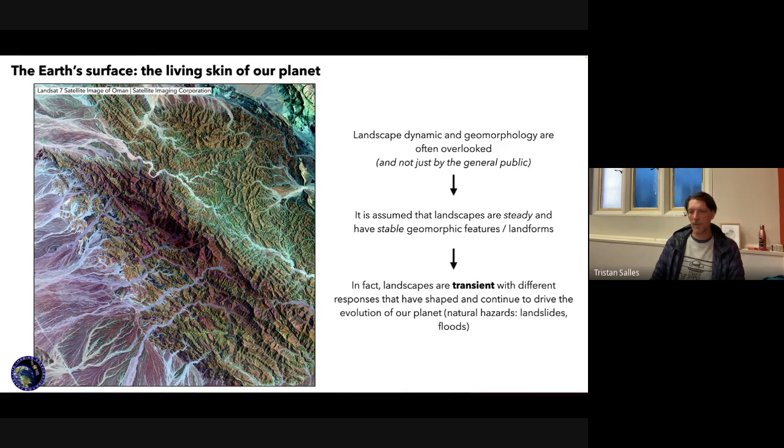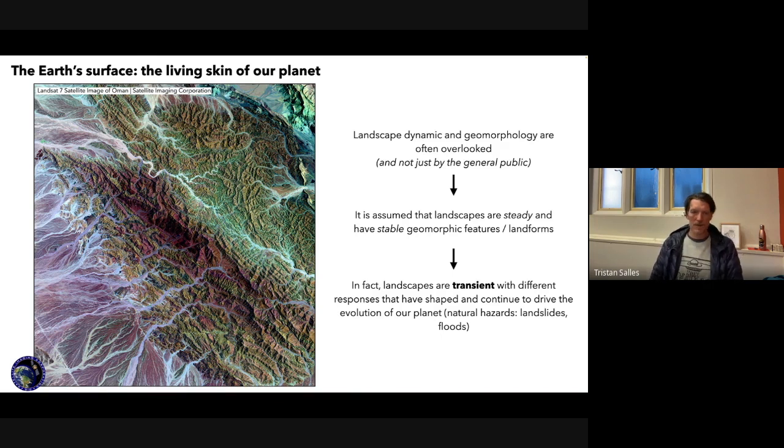But overall, people have always thought that the changes that are happening are quite minimal. In reality, landscapes are transient, and they will respond quickly. For a human, it might not seem that quick, but if we look at periods of thousands to millions of years, they are changing drastically.